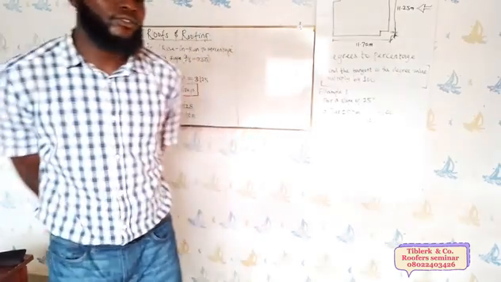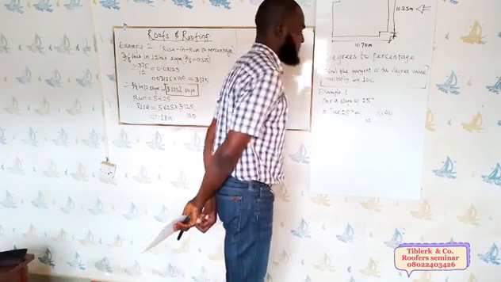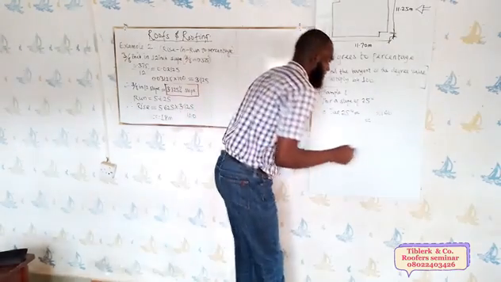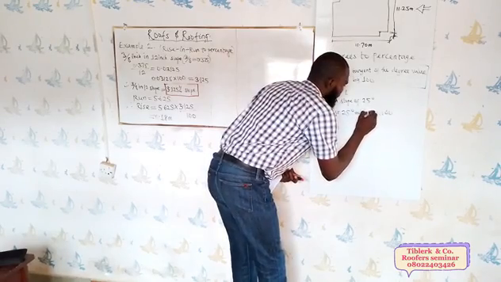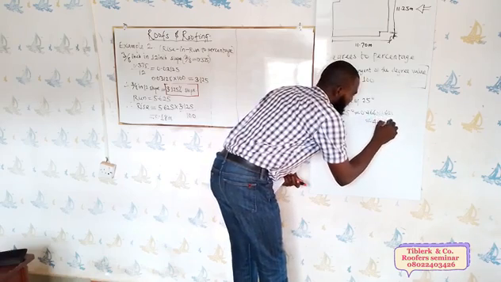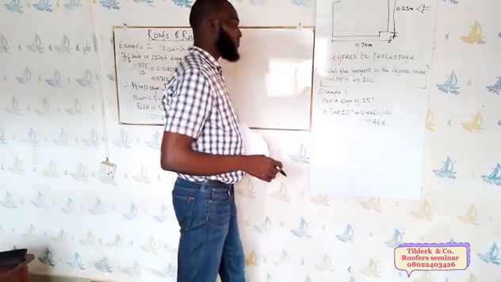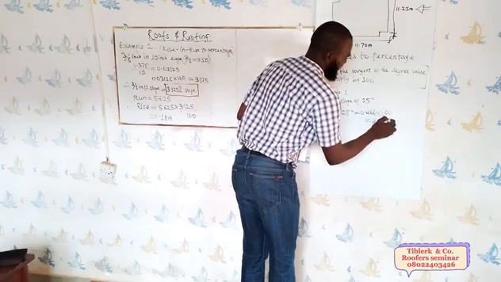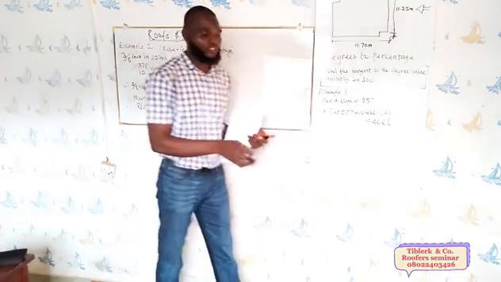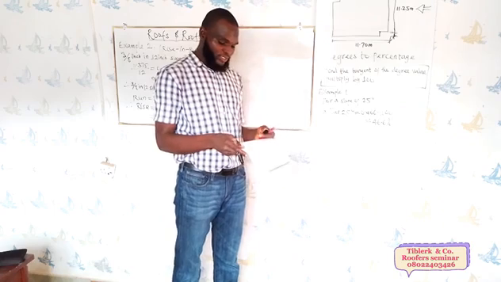Tan 25 is 0.466. 0.466 times 100 will give us 46.63. Okay, let's take 46.6%. Because we are going from degrees to percentage.